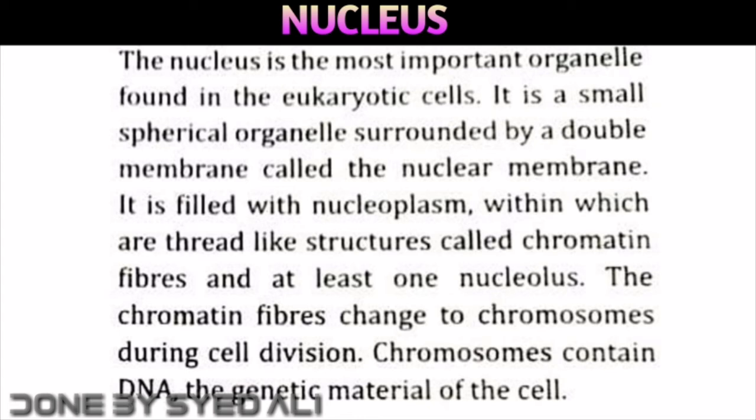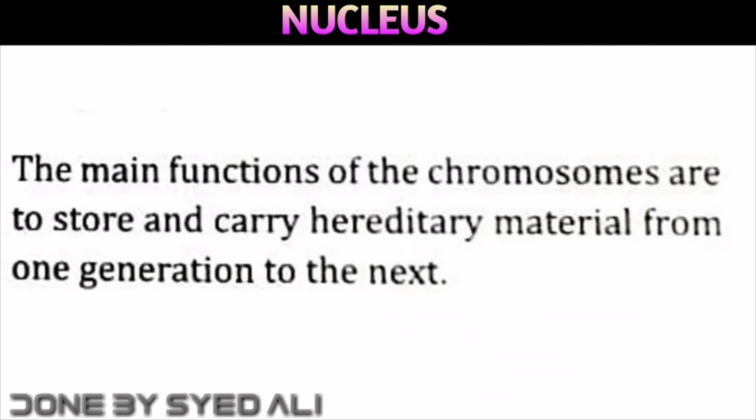The chromatin fibers change to chromosomes during cell division. Chromosomes contain DNA, the genetic material of the cell. The main functions of the chromosomes are to store and carry hereditary material from one generation to the next.